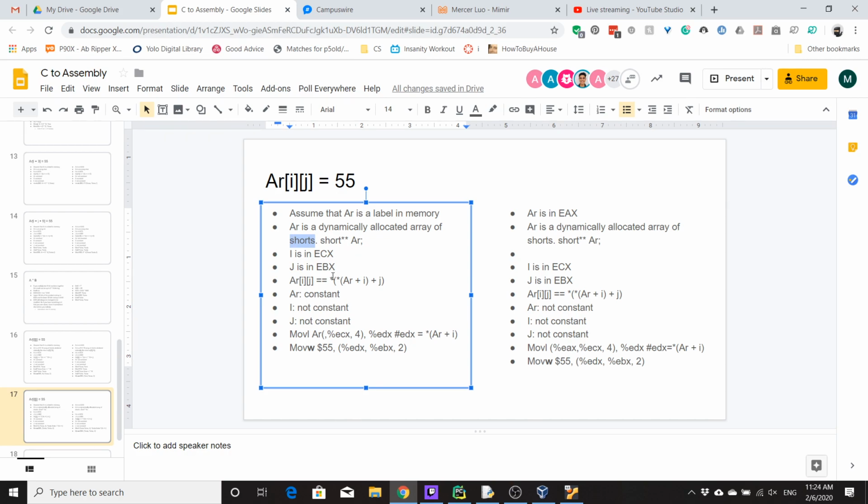This expression right here, AR plus I dereferenced, is a pointer, but its type is short star. And so when you add some value to your short star pointer, you're saying move that many shorts past the address. And each short is 2 bytes big, so we have to multiply by 2 to move that many shorts. Any other questions?